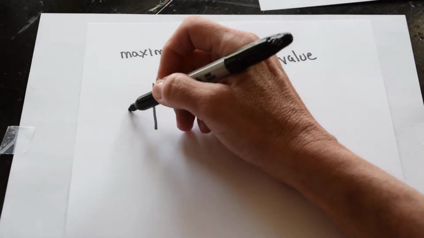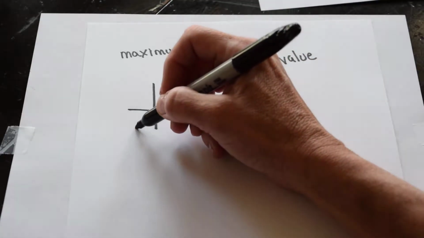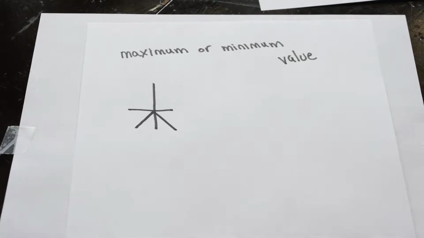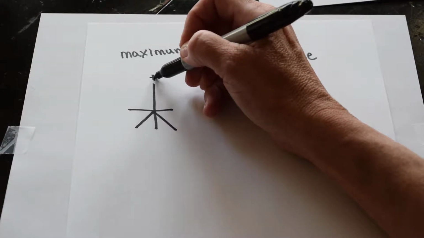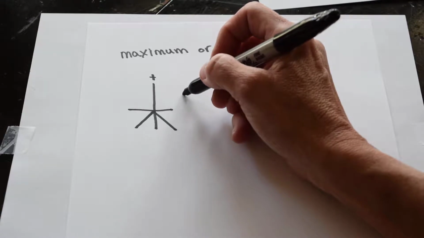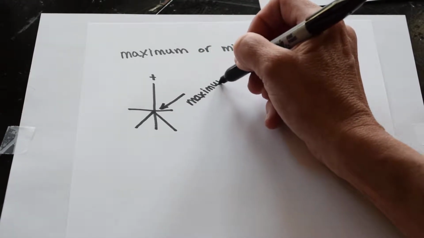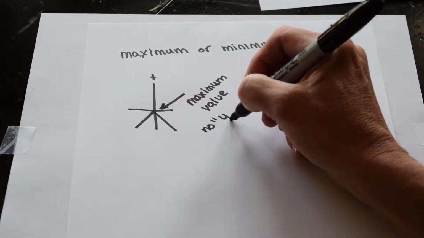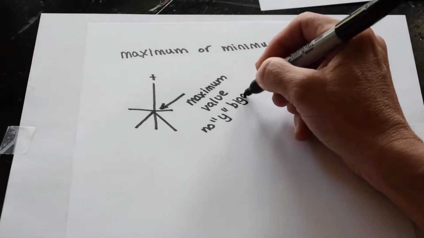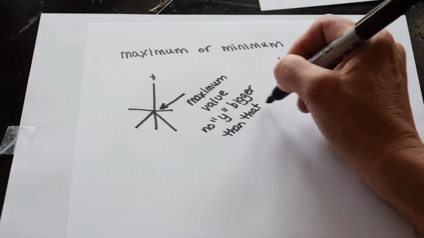If we have a function, and this only applies if it's a function, and we have something that looks like this, we can see that there are no other points on the y-axis that are going to be bigger than this point. So that is our maximum value. No y bigger than that point.